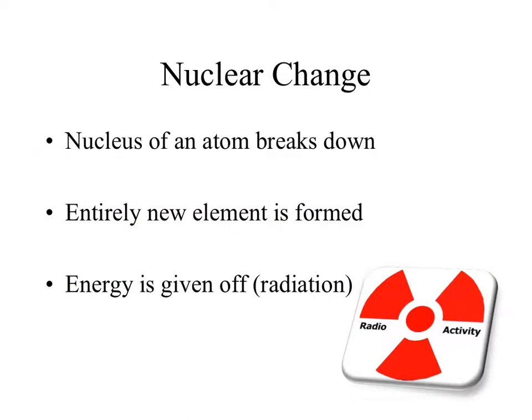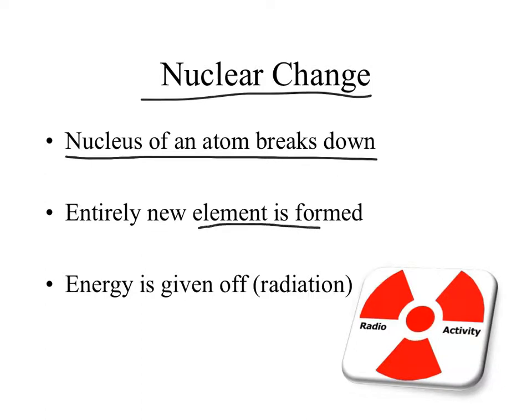There is one other type of change that we will learn, not in this unit, but later in the school year, and that's a nuclear change. Sometimes inside an atom, which we'll go into further here soon, but inside the nucleus of the atom, it can break down. And when it does, it forms a completely new element and it gives off energy, which we call radiation.